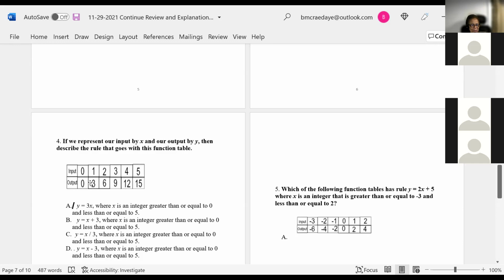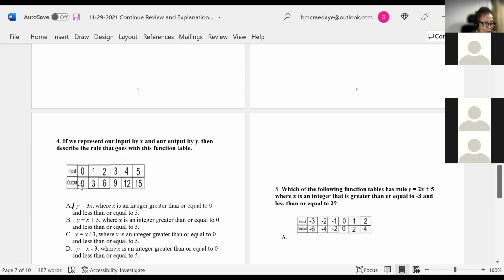Now, to go from 1 to 3, what do you have to do, Latoya? What operation? Multiply. 3 times 2 is 6. Yeah, 3 times 1 is 3, 3 times 2 is 6, 3 times 3 is 9, 3 times 4 is 12, and 3 times 5 is 15. So you see it's a multiplication.